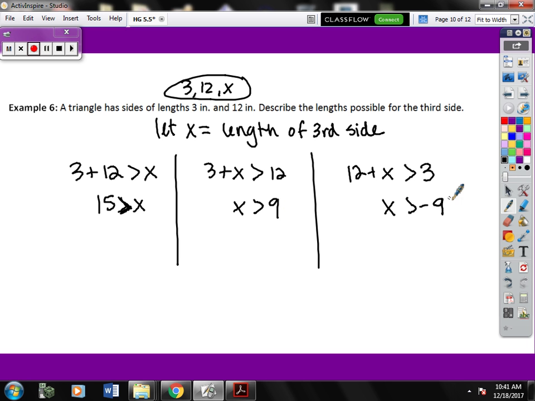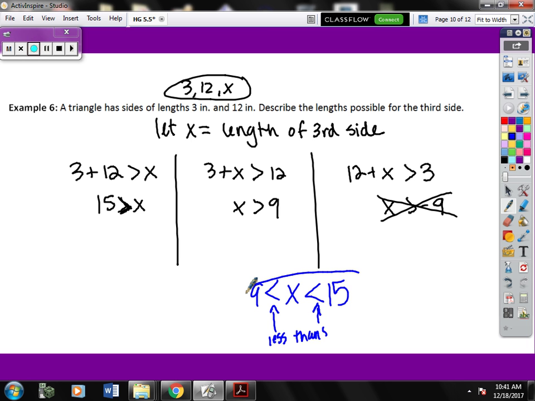So who can tell me what their final compound inequality is? Put together, it's x greater than 9 and less than 15. These should always be less than symbols, both of them, because whenever we read this backwards, this is really x is greater than 9 and x is less than 15.